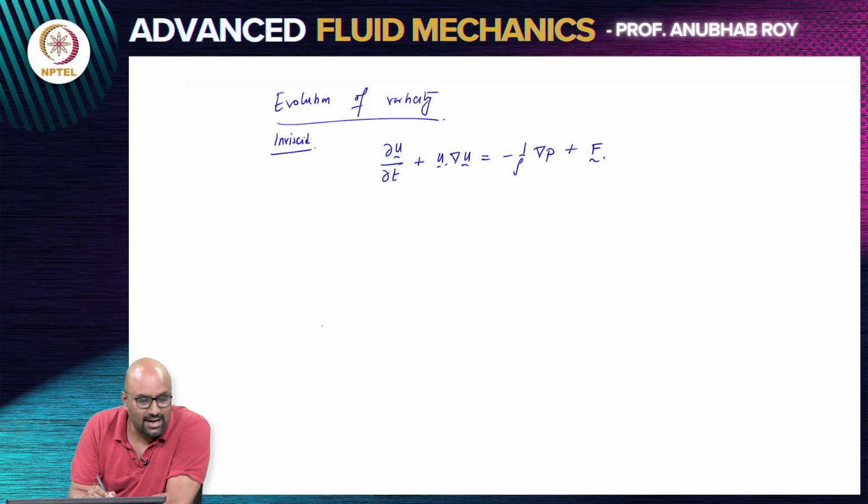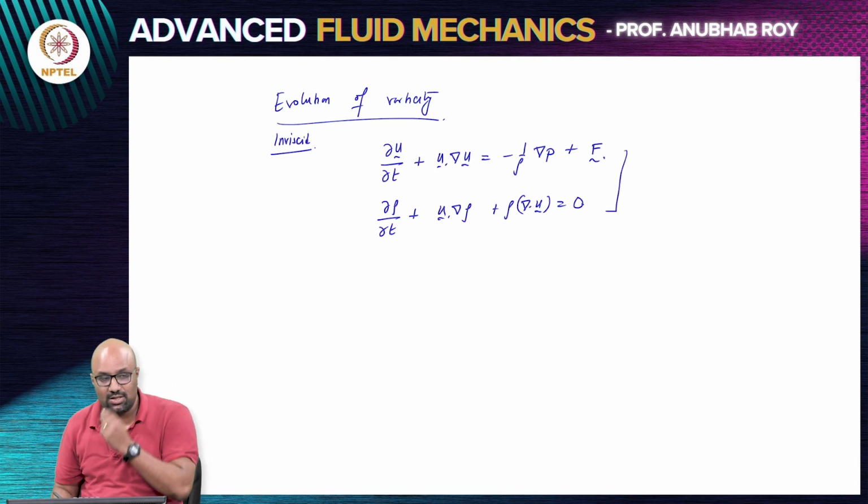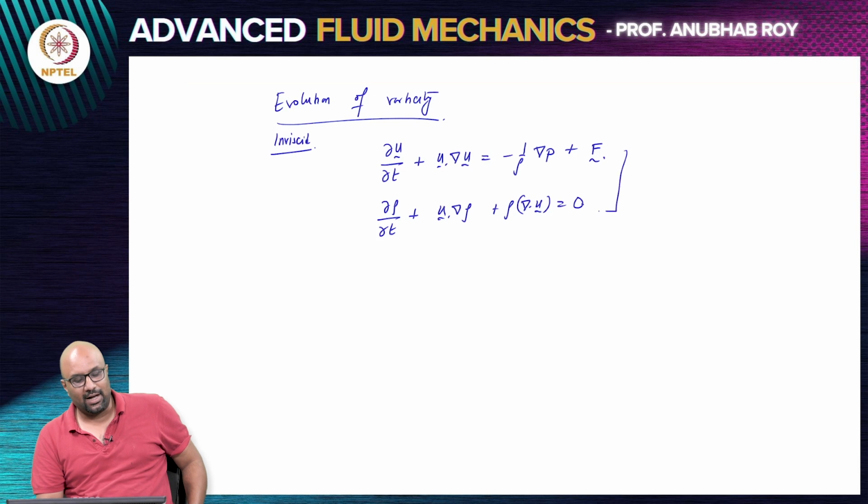And if I do not say anything about density being constant, then I have another equation for density, which is my equation of continuity, that is the following. So, these are the two equations that I have if I am considering my system to be inviscid.